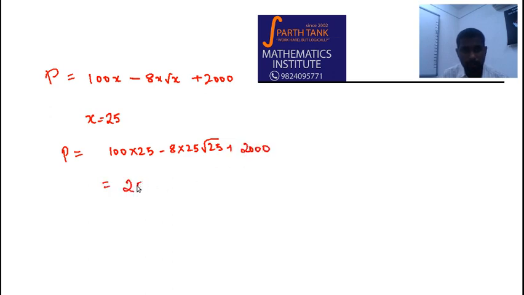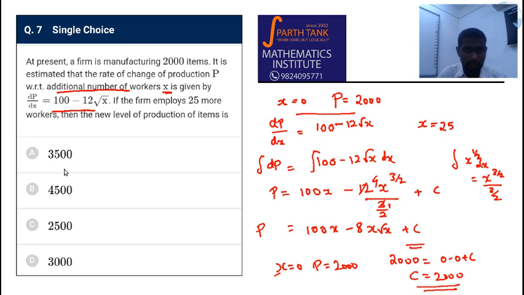This is 2500 and this is 8 into 200, 200 into 5 is 1000, plus 2000, which becomes 3500. So the new production would be 3500. This is option A, 3500.